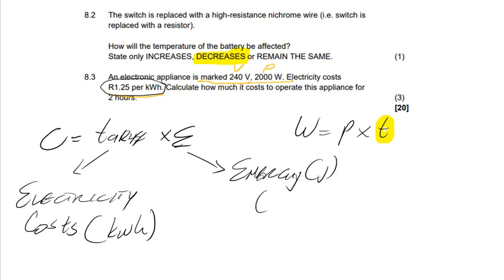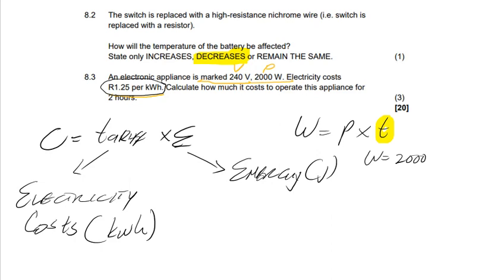So let's calculate this. W will be equals to P, and P is given there, it's 2000, times 2 hours. I'm gonna write 2 because already here it's given in kilowatts.